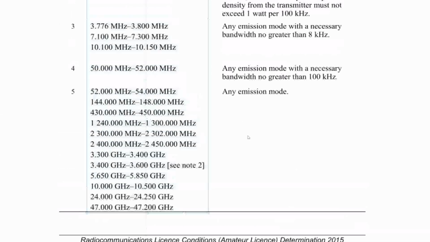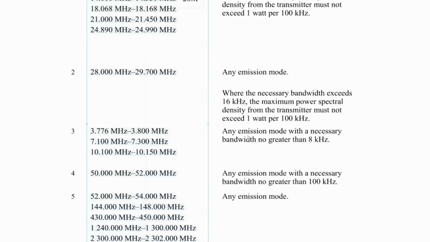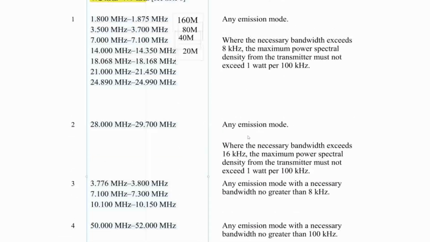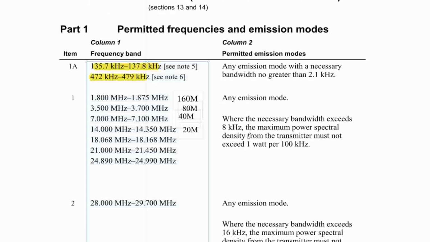Alright, now what band limits would I concentrate on for exam purposes? I'd probably know the lowest frequency is 135.7, and I think the drills test you for that. I'd probably know the band limits of the 20 metre band, where it starts, where it finishes.